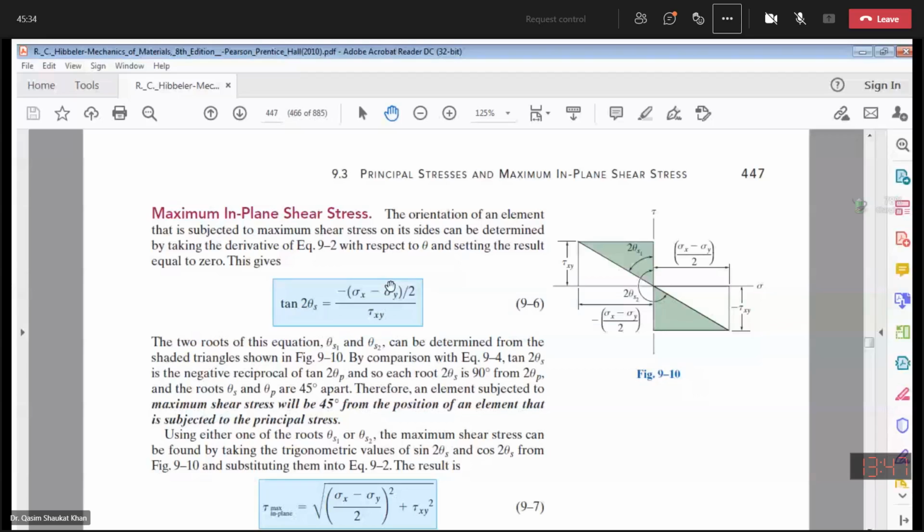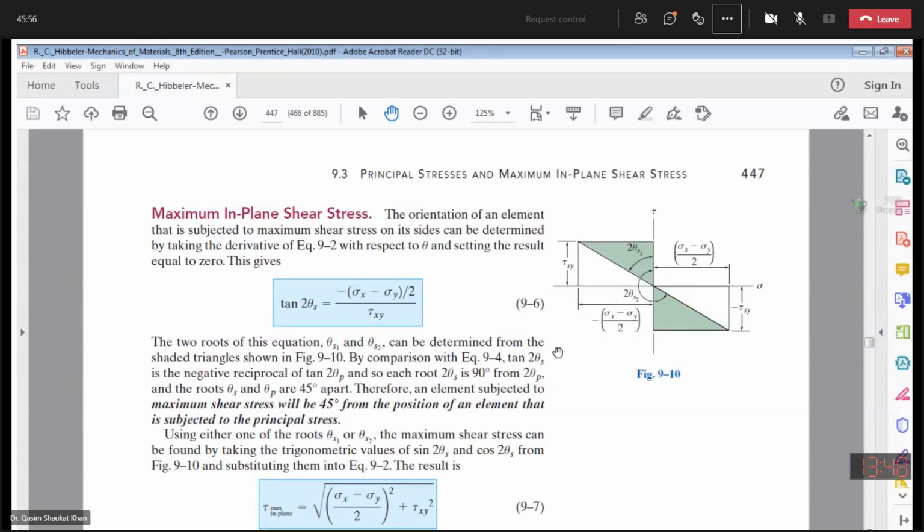In the case of the principal stresses, both these terms were either positive or negative. So the two roots of this equation, theta S1 and theta S2, can be determined from the shaded triangles shown in the figure.